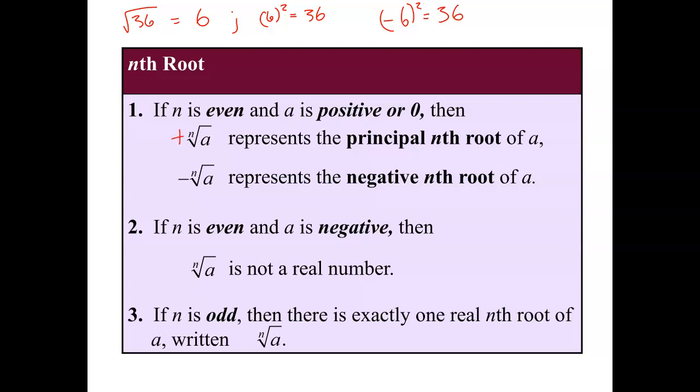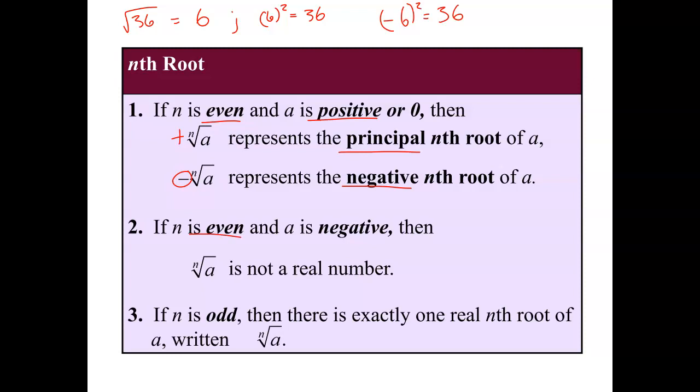If there's no sign in front, it wants the principal root. If there's a negative in front, it wants the negative root. So it'll tell you which one to get. That's only if n is even. And then again, a has to be positive or 0, otherwise we can't take the root.